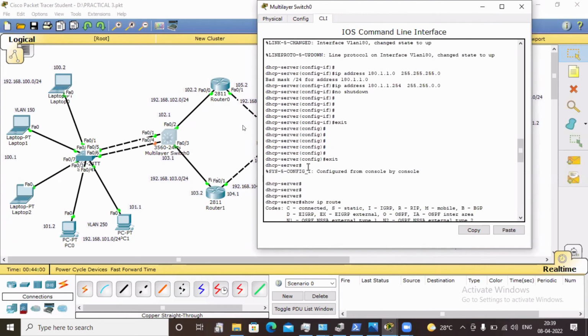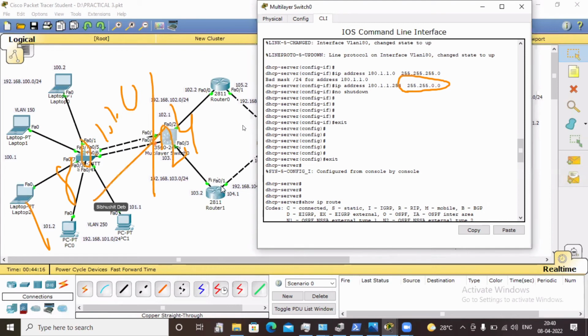Okay, just hold on. 180.1.1.254. Now what subnet mask were you giving over here? What is this? I said /24, right? Slash 20. 180.1.1.0/24. Why were you giving this one?